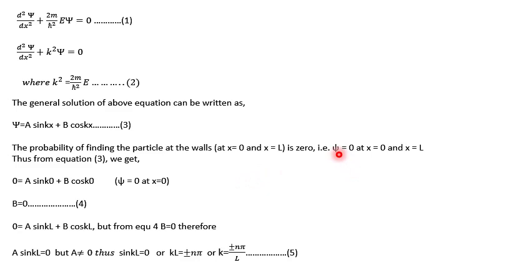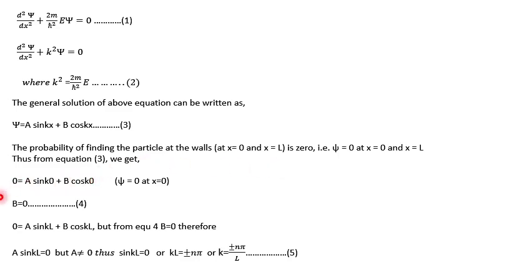Therefore psi is 0 at x equal to 0. Similarly, at x equal to L, the probability of finding the particle is 0 because it does not penetrate the wall, so psi is also 0 at x equal to L.